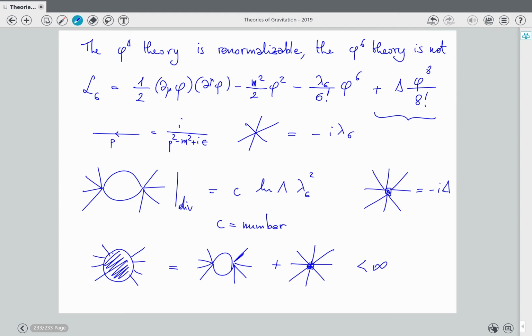And after you change by adding phi to the 8, you will have a vertex with 8 legs, and you will be able to build the same diagram with 10 external legs, and that will force you to add phi to the 10 with the same divergence, and from phi to the 10 to phi to the 12, and from phi to the 12 to phi to the 14, and you go on. And the Lagrangian will contain infinitely many terms.